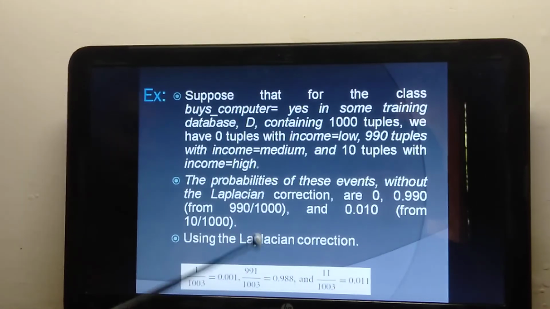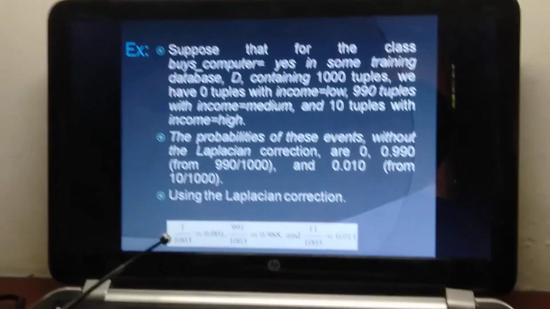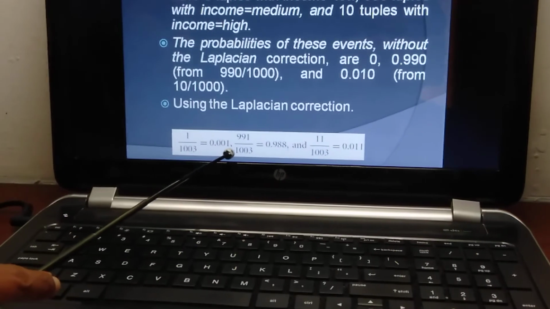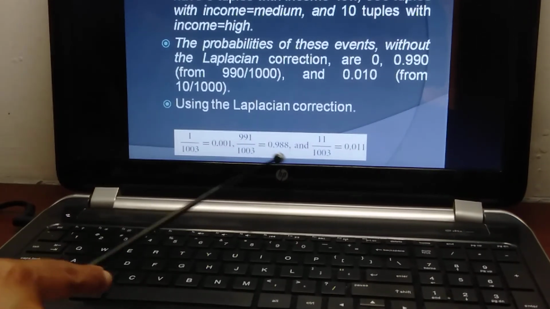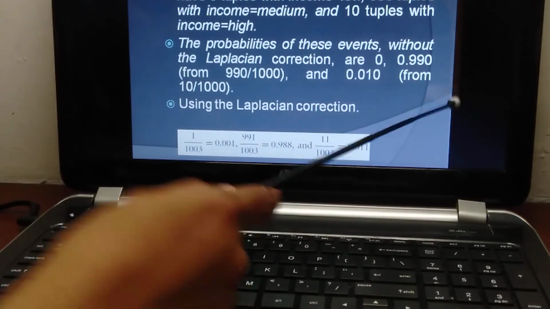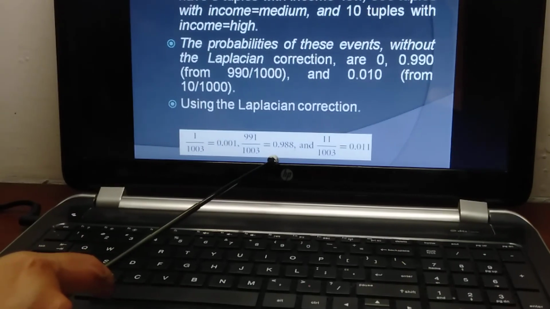And with the Laplacian correction, now the probability of income is equal to low and yes is 0.001. It's no longer 0. And instead of 0.990, it has become 0.988, which is very similar to 0.990.